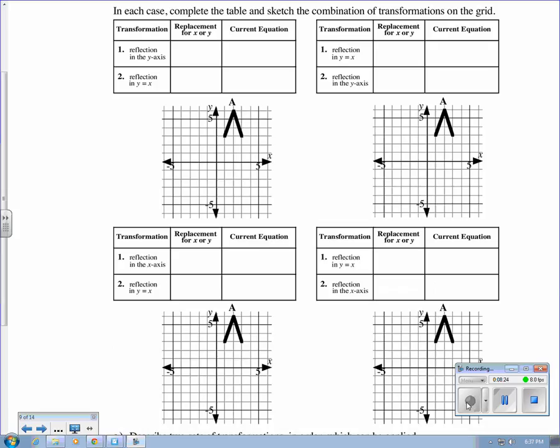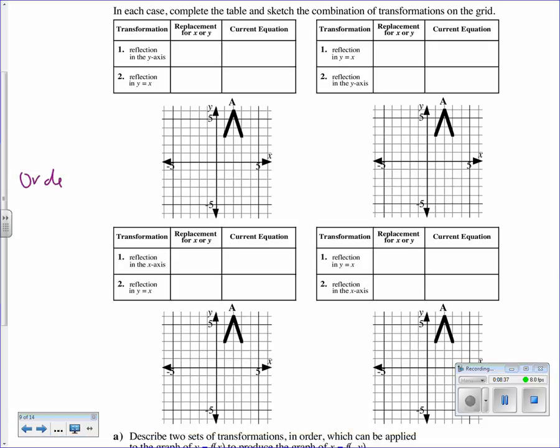Before you go on to the rest of lesson 3, it would be good to play around with part 2, which deals with inverses. I'm interested in your conclusion about inverses. And the question is, does order matter? So I'd like you to run through this exercise. Try not to look at the answer book.